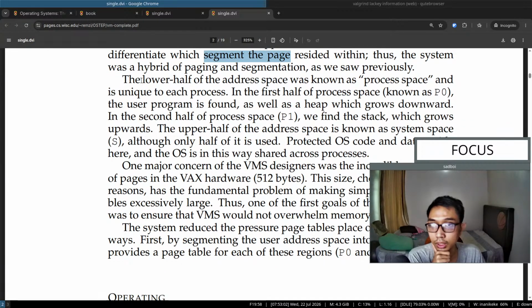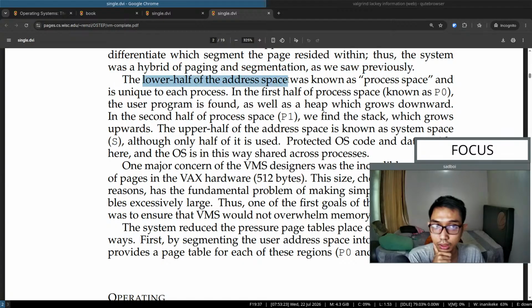The lower half of the address space was known as process space and is unique to its process.